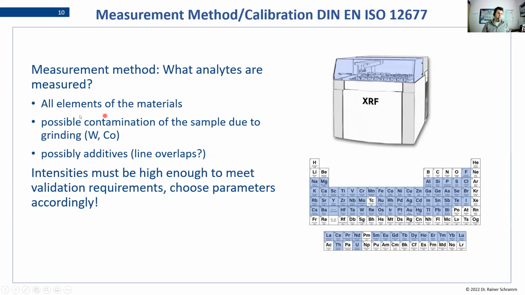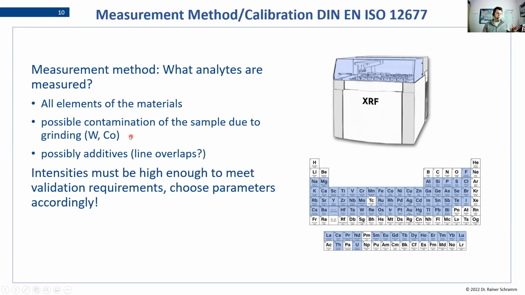We also need to think about possible contaminations from sample prep. If you remember, we talked about the grinding vessel made out of tungsten carbide, for example, and that this would be our first step of sample preparation. We should definitely think about possible contaminations coming from that step. So we want to at least monitor the tungsten, and cobalt is also present in those.